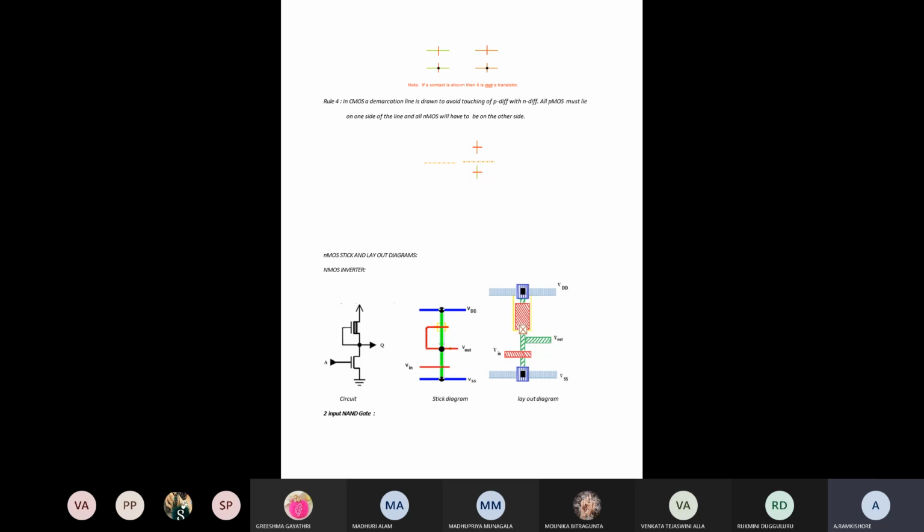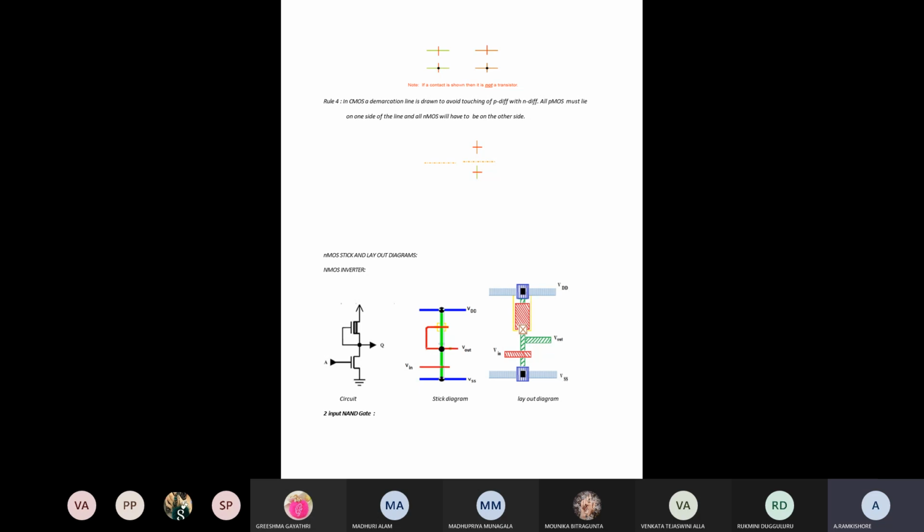In the upper part we have to use a depletion mode transistor that will be connected to the VDD voltage. So for the inverter it will consist of a depletion mode transistor.